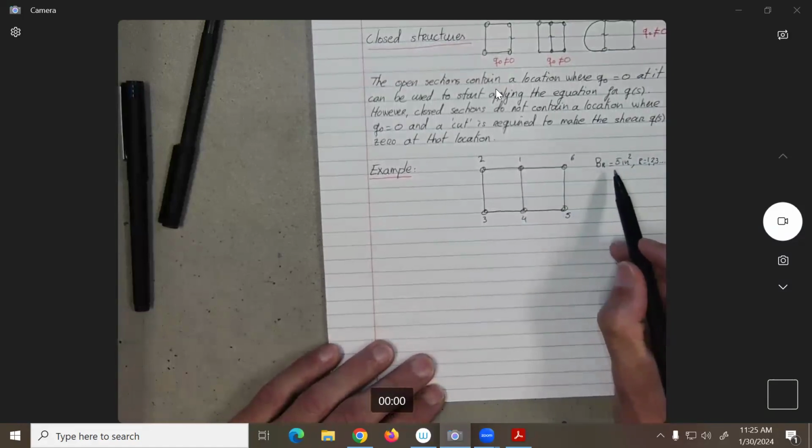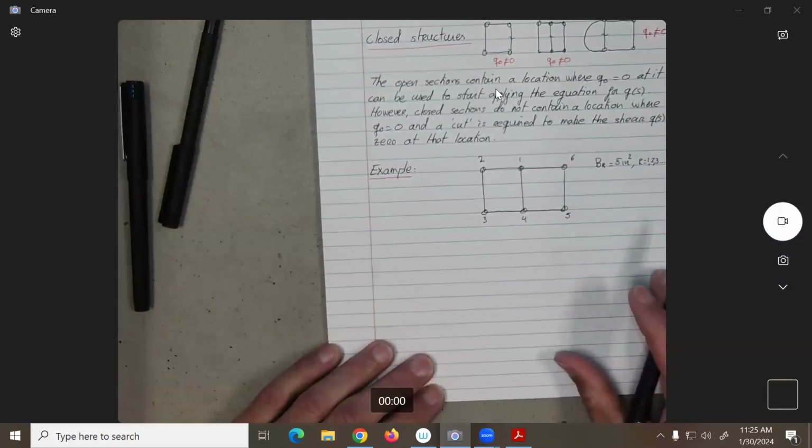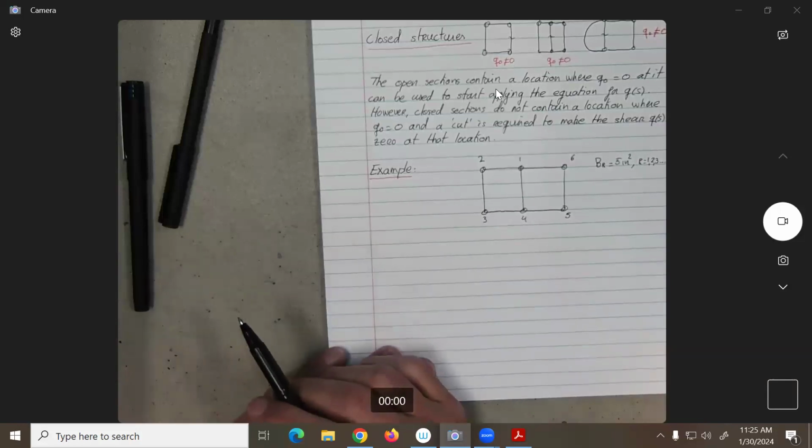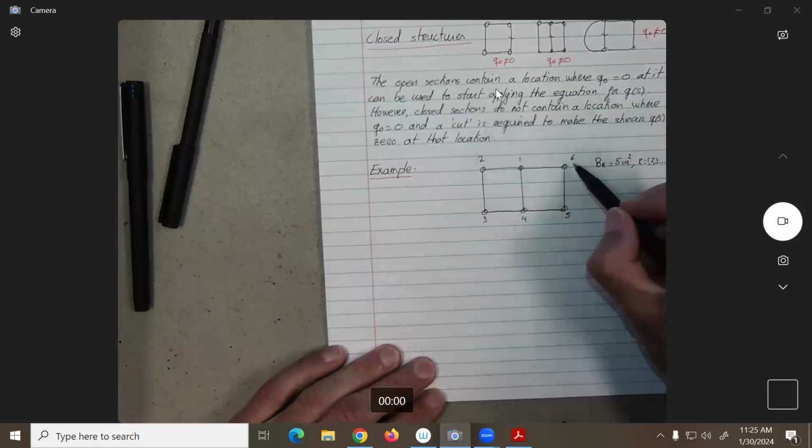So this is B1, B2, B3, B4, B5, B6. Is that okay with that notation? Okay, since they're all the same. Oops, I forgot to do something on the figure, so maybe let me do it now.